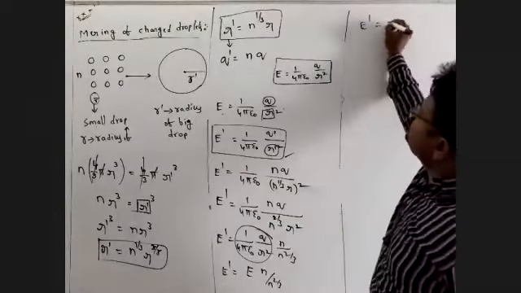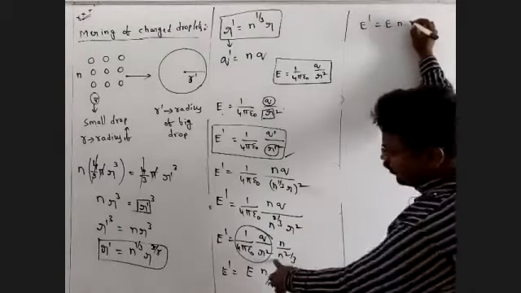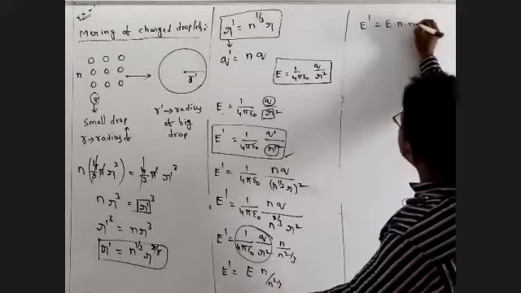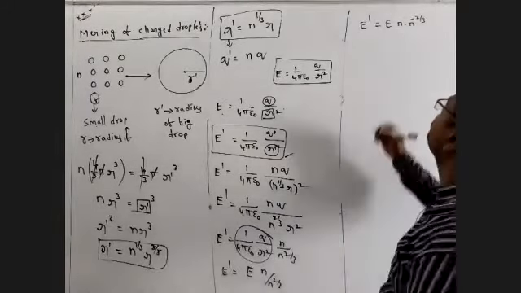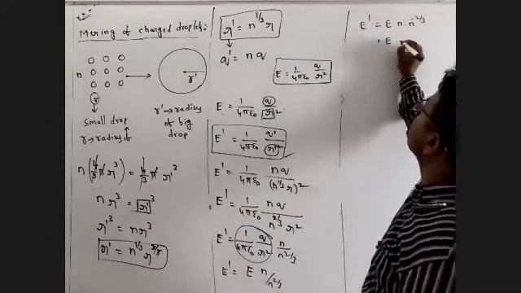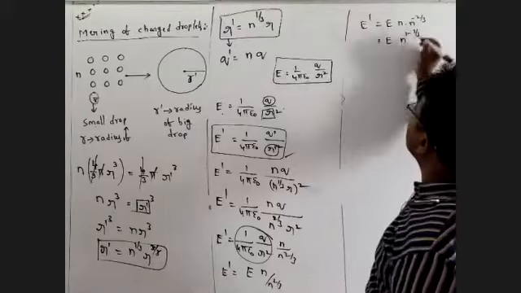So E dash is equal to E N, and 1 by N power of 2 by 3rd, taken up, is N power of minus 2 by 3rd. So E dash is equal to E into N power of 1 minus 2 by 3rd.